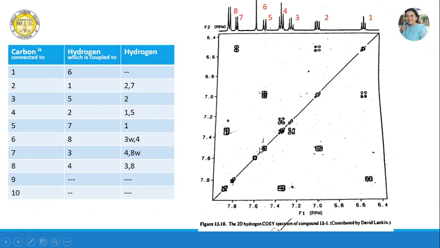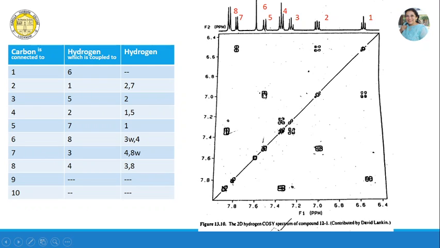Hydrogen 5 is linked to the hydrogen at second position, hydrogen number 2. Right? Now let's move further. Hydrogen number 2 is linked to 1 on one side and to 5 on the other side.